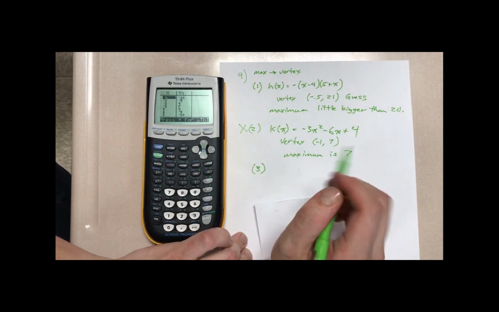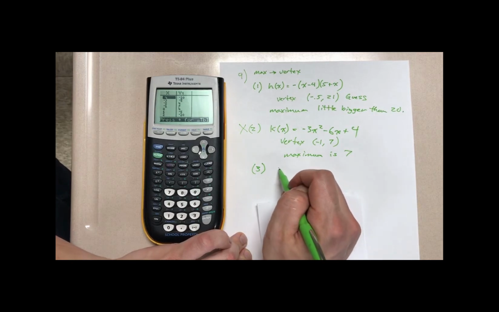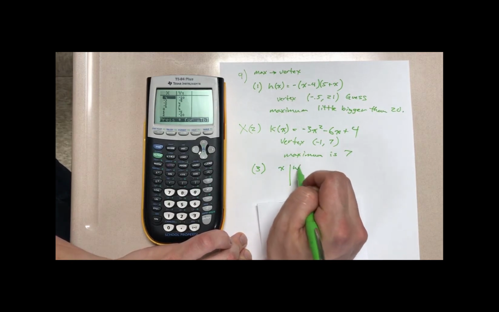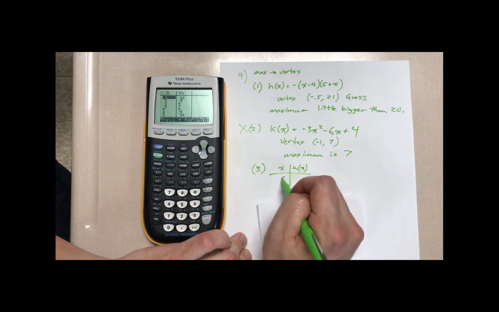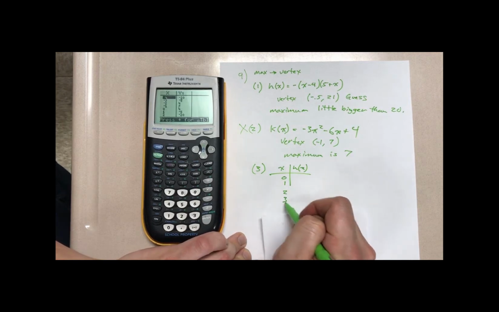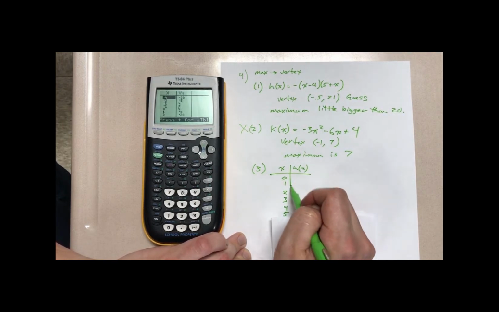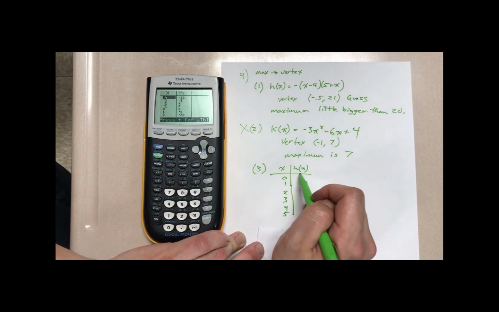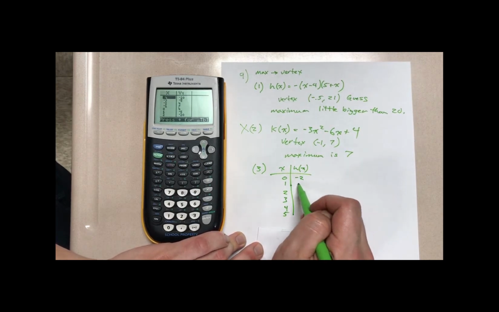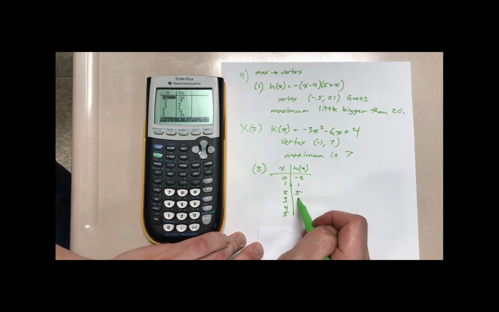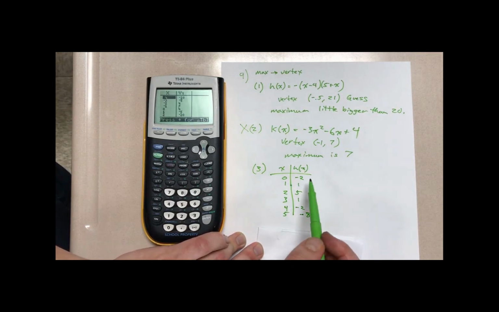Let's take a look at answer choice 3. We've just got a table. Looks like our x values and our h of x values are like this: 0, 1, 2, 3, 4, 5, and our h of x values are negative 2, 1, 5, 1, negative 2, and negative 8. Looks like our values are going up until they get to 5, and then they start going back down again.